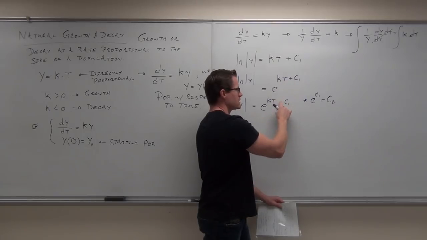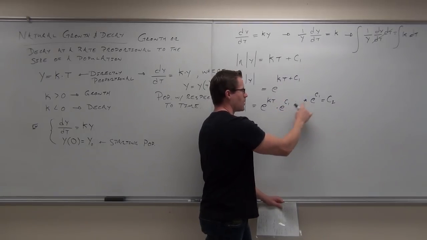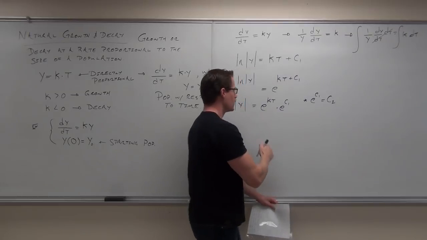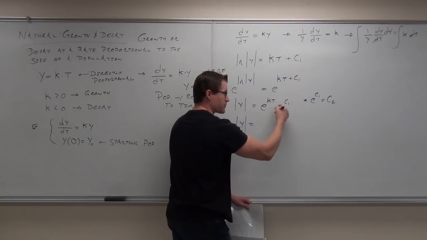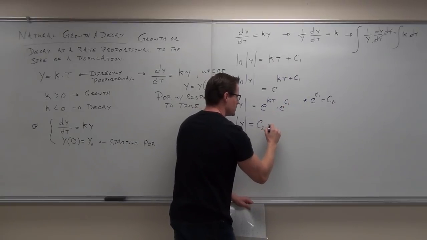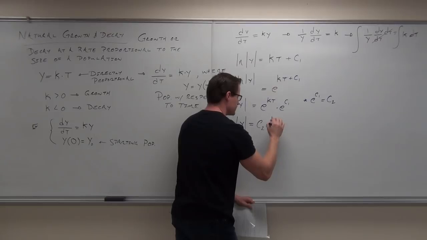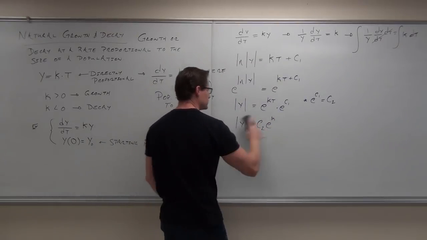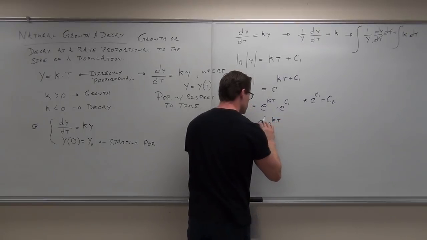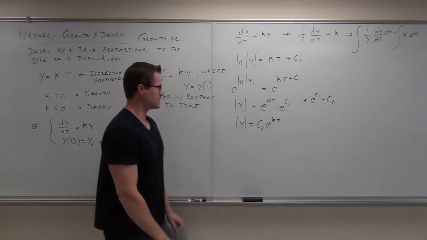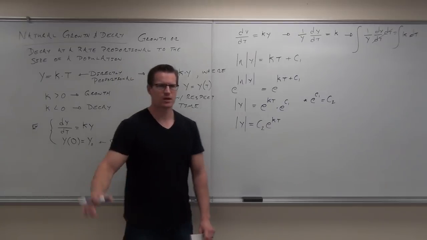This is e to the C, no problem. That's still a constant. Let's call it just a different constant. Well, now we have absolute value of y equals, I'm going to move this to the front, C sub 2 times e to the kt. Okay, show of hands if you feel okay with this so far.